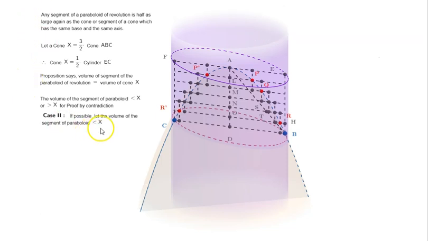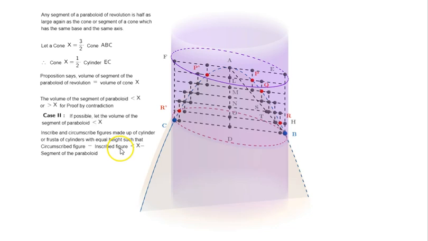Now suppose the segment of the paraboloid is less than X. Again, take inscribed and circumscribed figures made up of cylinders or frusta of cylinders with equal height, such that the circumscribed figure minus the inscribed figure is less than the cone X minus the segment of the paraboloid.